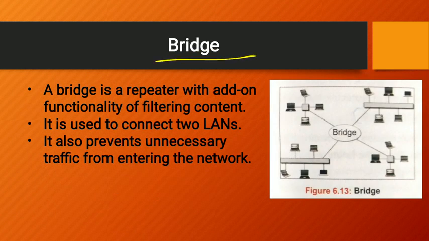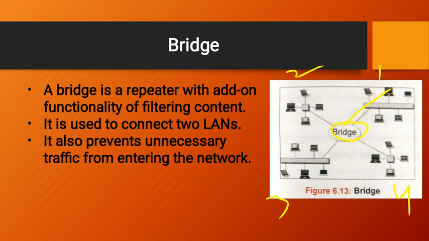Next is bridges. A bridge also works like a repeater with the add-on functionality of filtering content. As you can see in the picture, this is a bridge between 4 networks: network 1, network 2, network 3 and network 4. They all are connected to each other through the bridge.